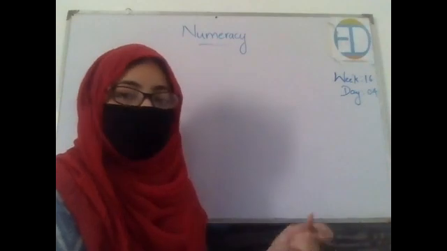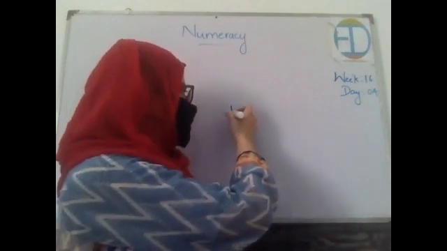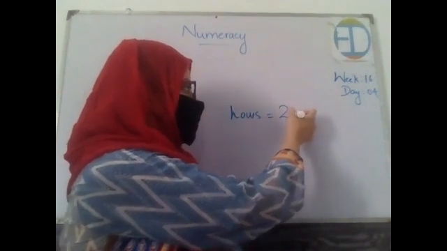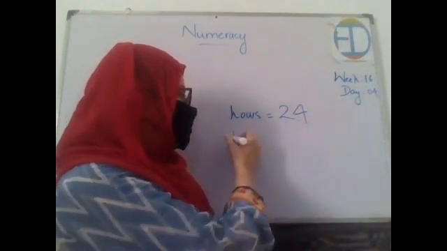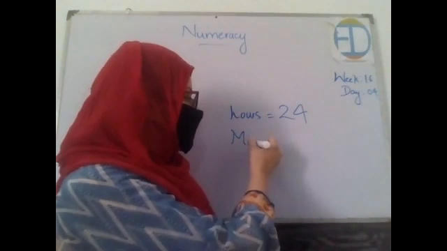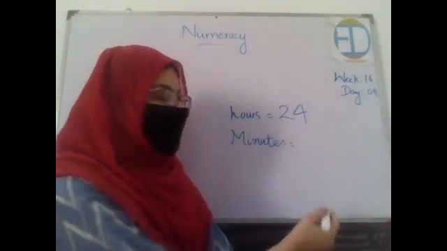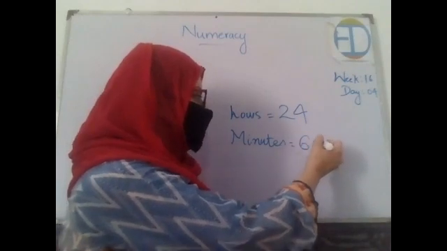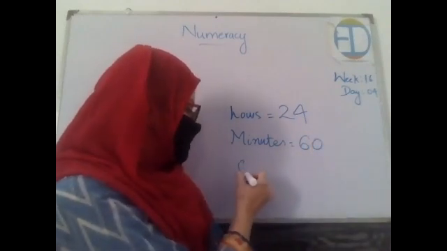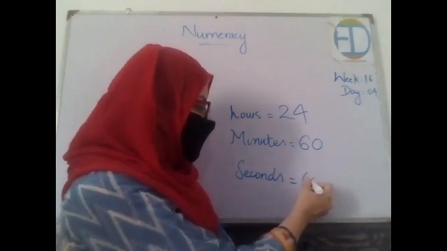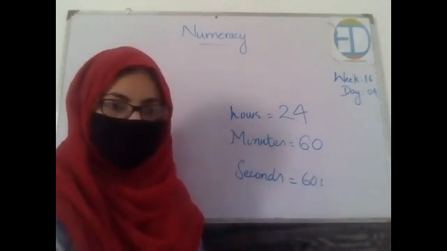How many hours do we have in a day? A total of 24 hours. How many minutes do we have in each hour? We have 60 minutes. And how many seconds do we have in each minute? Again, 60 seconds.